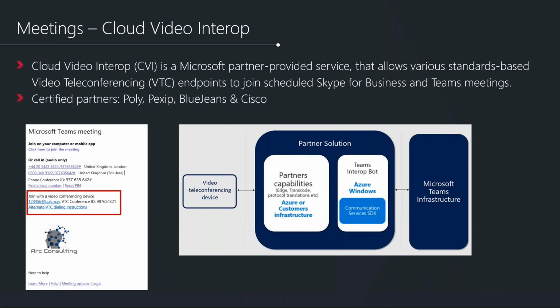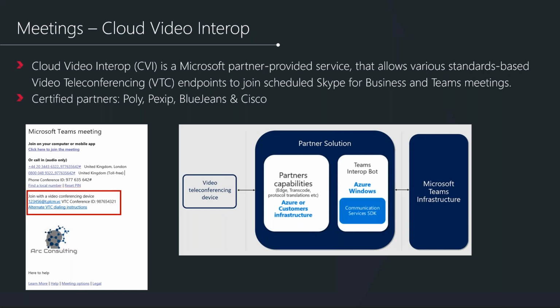So, Cloud Video Interop has been around for about a year and a bit now. I think it was one of the big points from Ignite 2019. This is basically a way for customers to carry on leveraging existing video conferencing assets.